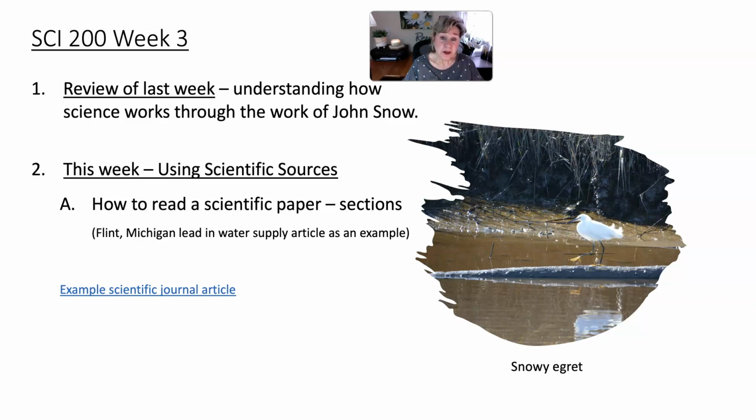I hope that you enjoyed that story because it was really interesting, and it showed you how science works and how discoveries are made through tedious work and through data examination. You can come to totally different understandings of the world because of things like that, and that was exemplified by Dr. John Snow. This week is all about using scientific sources.